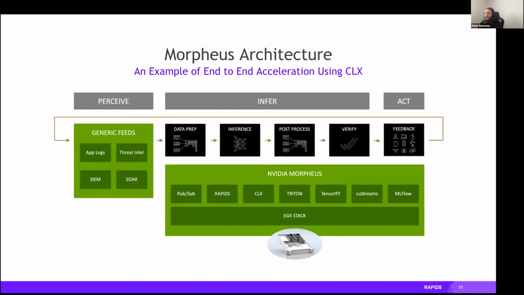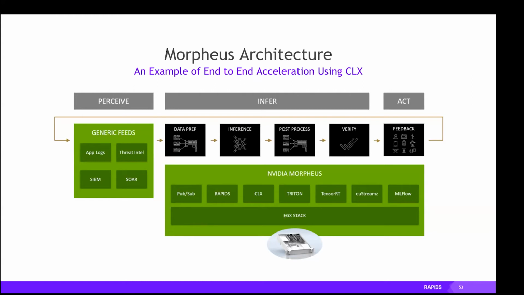Okay, so this is the Morpheus architecture. Morpheus is built on top of the NVIDIA EGX stack. The EGX stack delivers a platform for machine learning, deep learning, and HPC. Included in that stack is, of course, Rapids, and by association, Dask. Morpheus is divided in 3 phases.